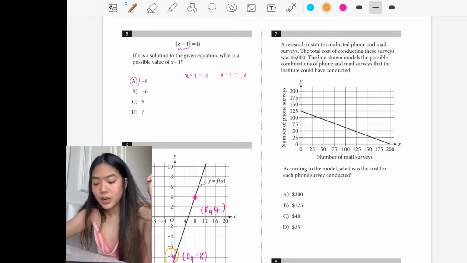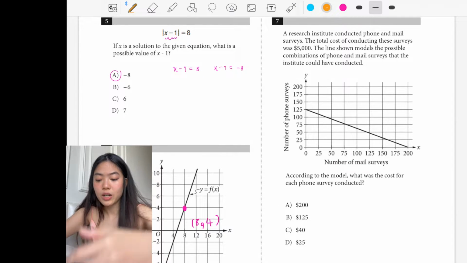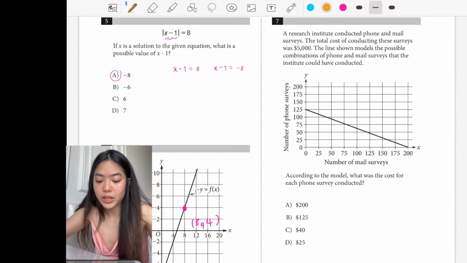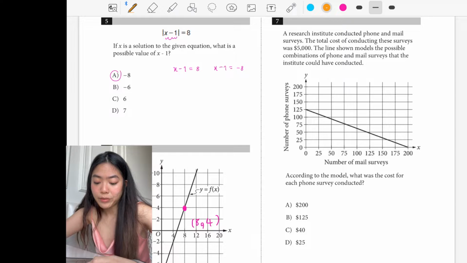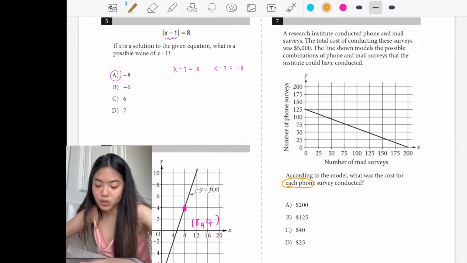Okay, next one, question 7. A research institute conducted phone and mail surveys. The total cost of conducting this survey was 5,000. The line shows the model of possible combinations of the phone and mail surveys that the institute could have conducted. According to the model, what was the cost of each phone survey conducted?